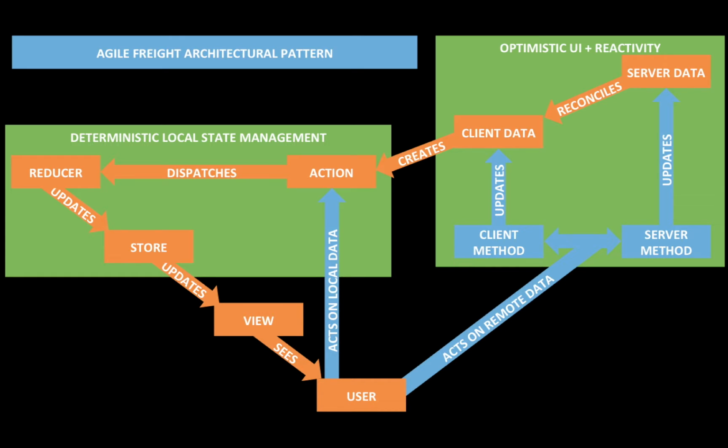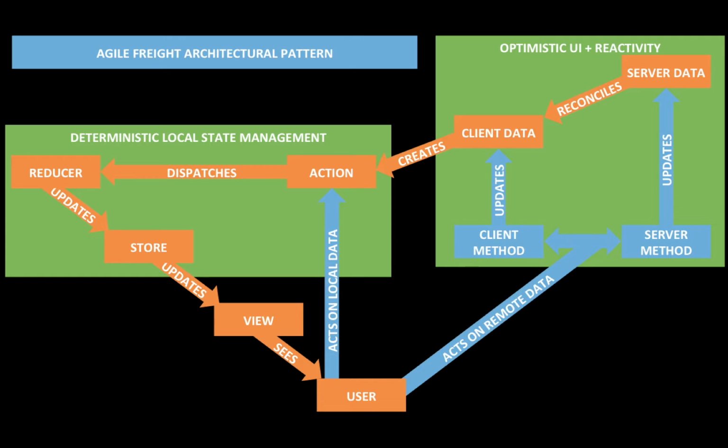Then the user can do one of two things. The user can initiate actions which will change the local state of the application, but does not affect the server state. So that's like editing a document before you press save. You type in a field. It doesn't need to be stored on the server yet.